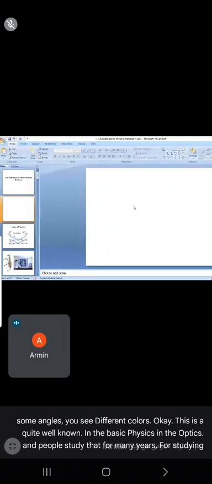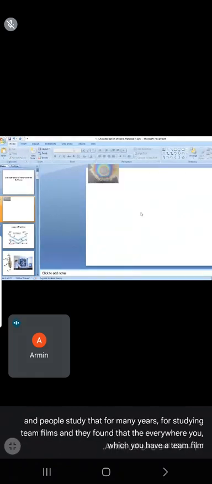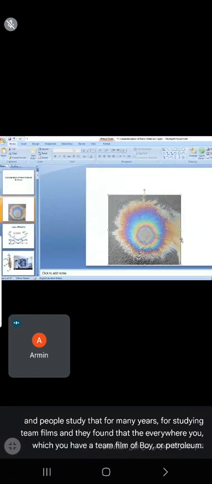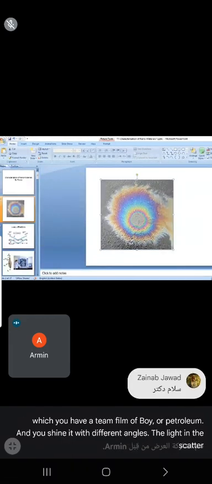for studying thin films, and they found that everywhere you have a thin film of oil or petroleum, and you shine it with different angles, the light will scatter with different angles.